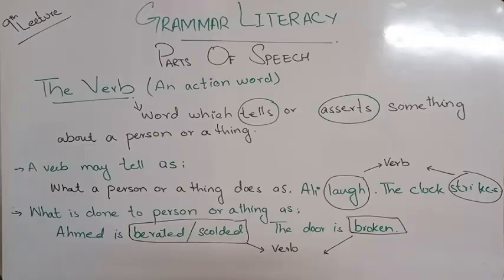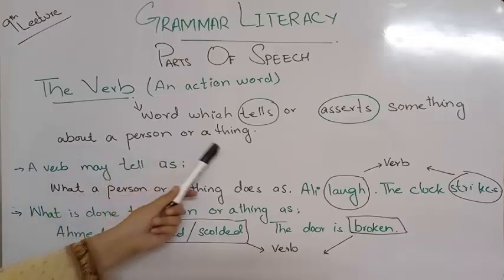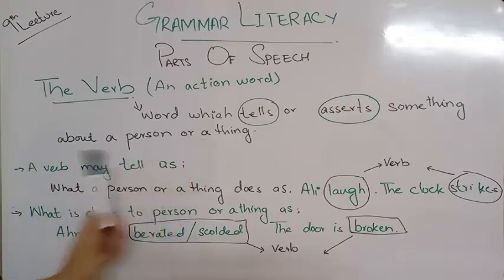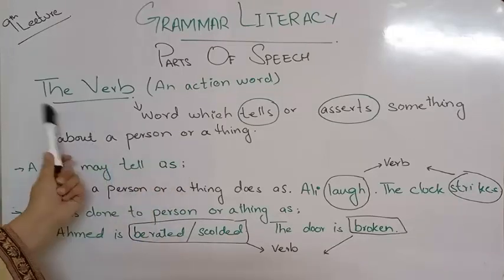You can also say what that person or thing is going to perform, or what he is performing at that moment, what kind of action he is doing and what kind of state he, she, or it is in. So it all tells us about the verb.